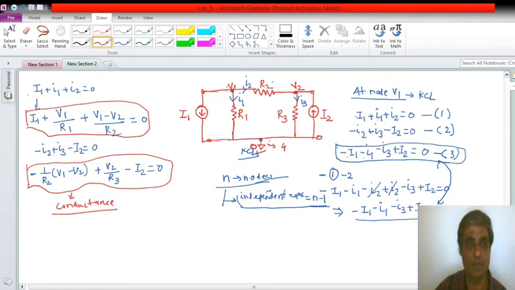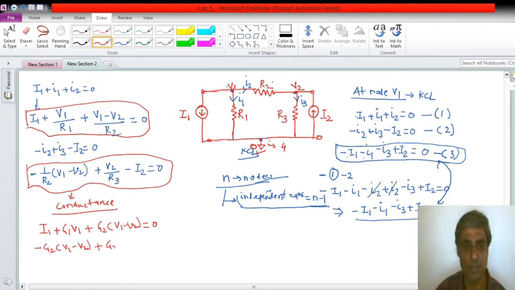From this again I can write I1 plus G1 V1 plus G2 into (V1 minus V2), that is equal to 0, and the second will be minus G2 (V1 minus V2) plus G3 V2 minus I2, which is equal to 0, right?